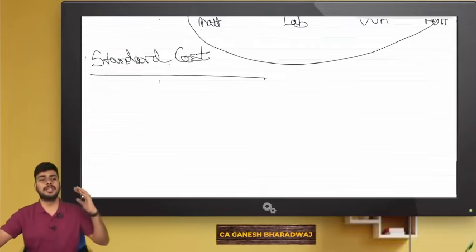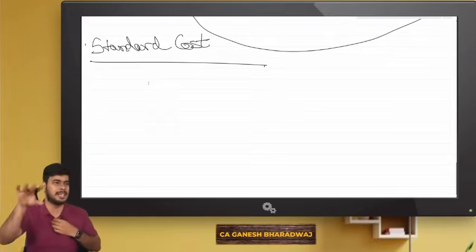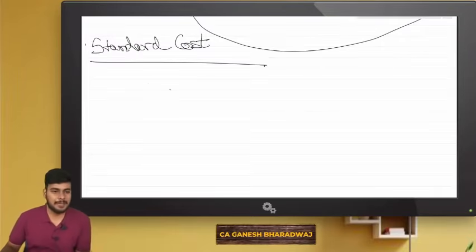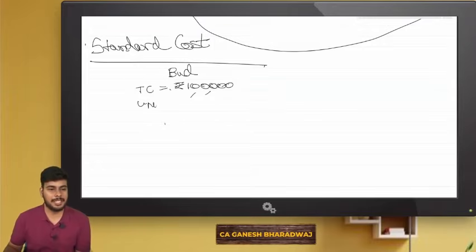Fine. Now, standard cost. What do you mean by standard cost? Let me not give you any theoretical meaning or definition. Instead, I'll give you an example. Let's say I'm budgeting a total cost of 1 lakh rupees, and the budgeted units are 10,000 units.